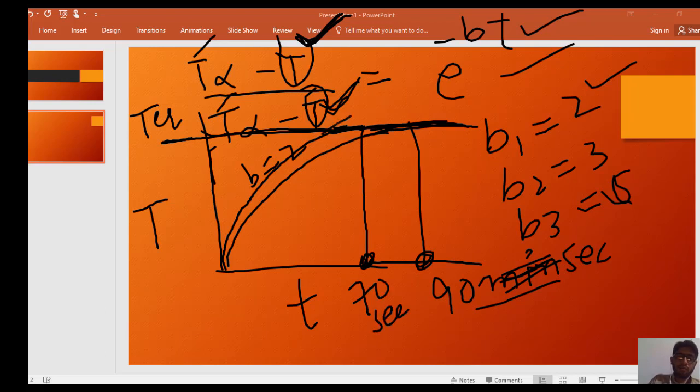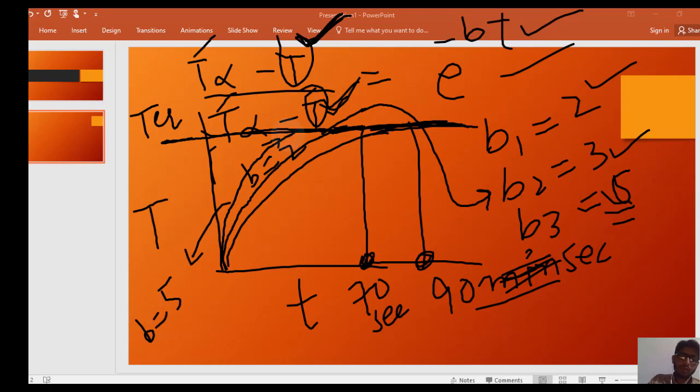In this case, the B value is 3, which is increased from 2. Now if we increase the value to 5, the equilibrium time was, suppose, 50 seconds.